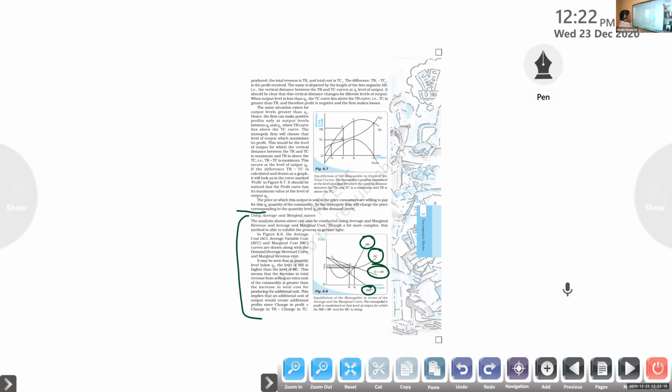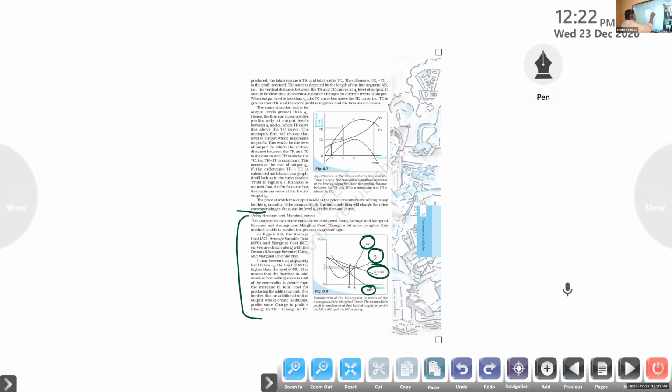So first of all, we want to go back to the chapter, firms under perfect competition. We studied the cost of production of different firms there, and how it will affect the revenue of the firm. So we are going to analyze that again here. The analysis shown above can also be conducted using average and marginal revenue.